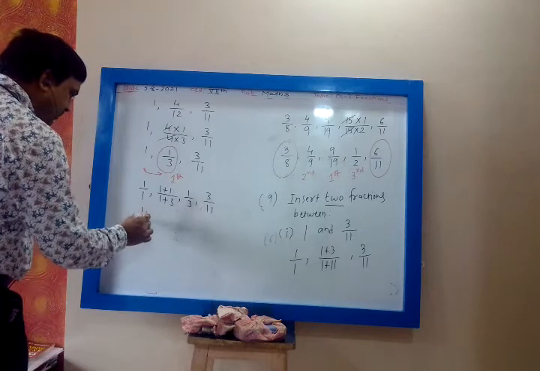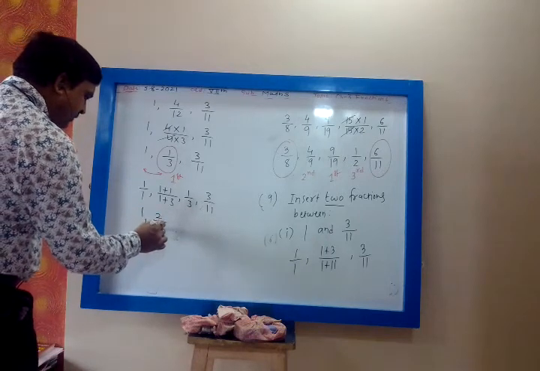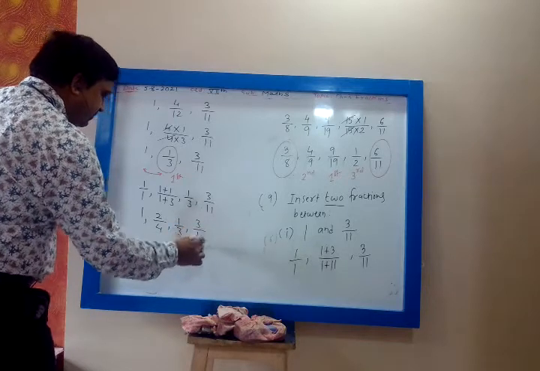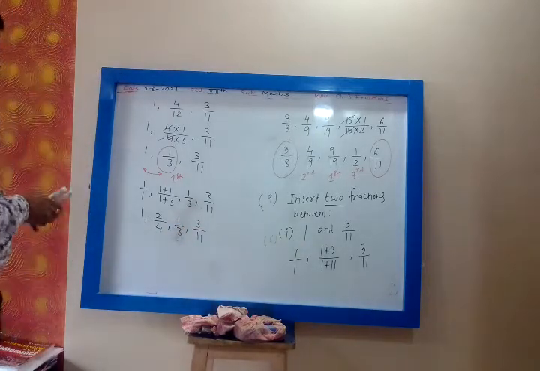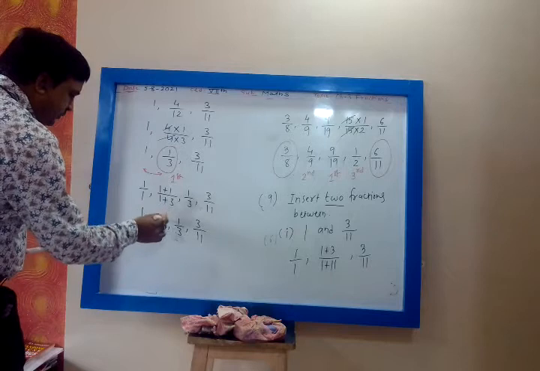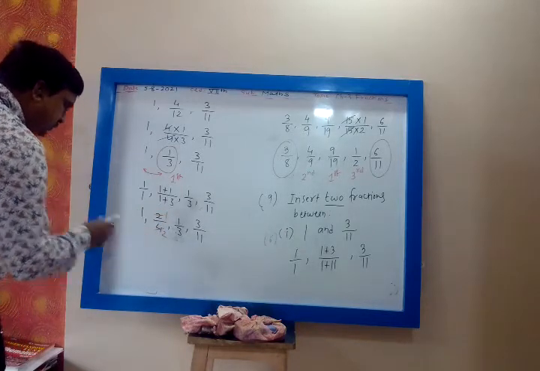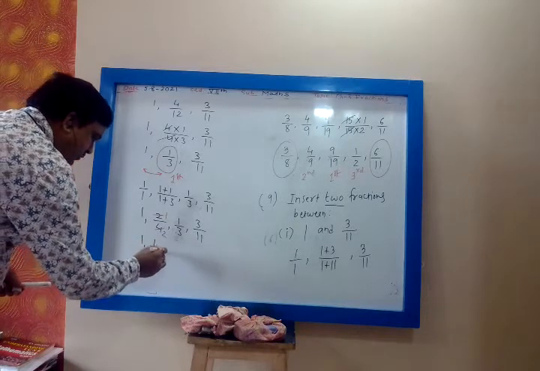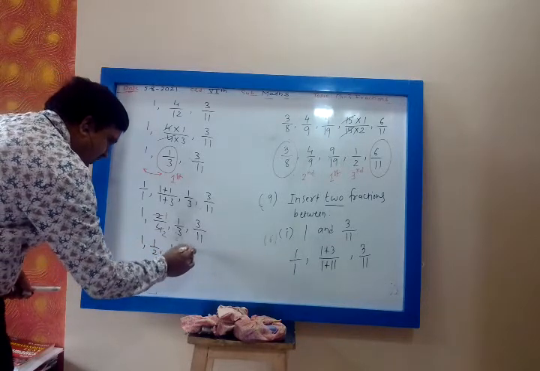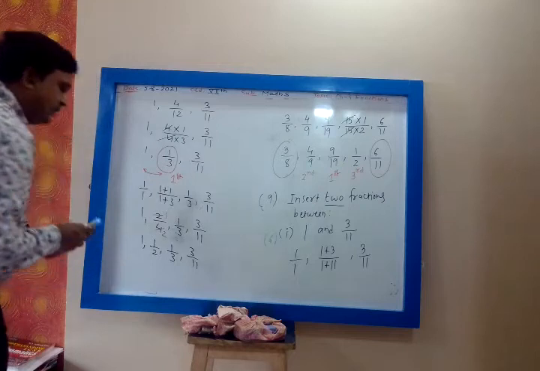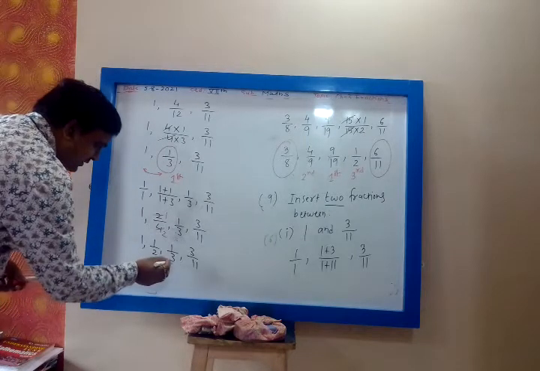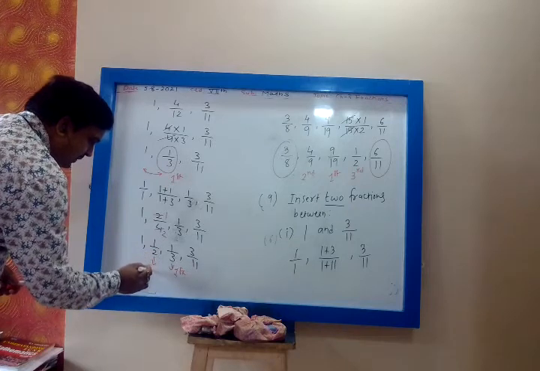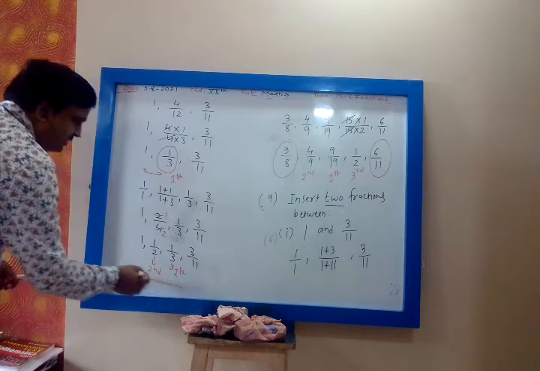So 1, 2 by 4, 1 by 3, 3 by 11. 2 ones are 2, 2 twos are 4, so 1 by 2. So 1, 1 by 2, 1 by 3, 3 by 11. So there are two fractions. This is my first fraction and this is my second fraction.